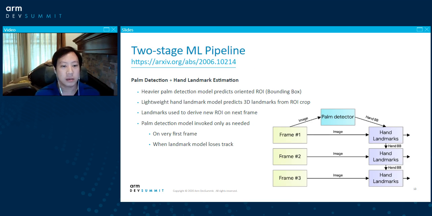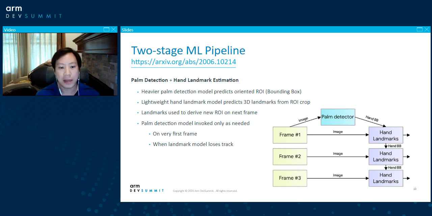So how does it work? MediaPipe Hands is implemented as a two-stage machine learning pipeline, coordinating between two machine learning models, a palm detection model and a hand landmark estimation model. The heavier palm detection model first takes an input image and predicts an oriented region of interest that encloses the hand.